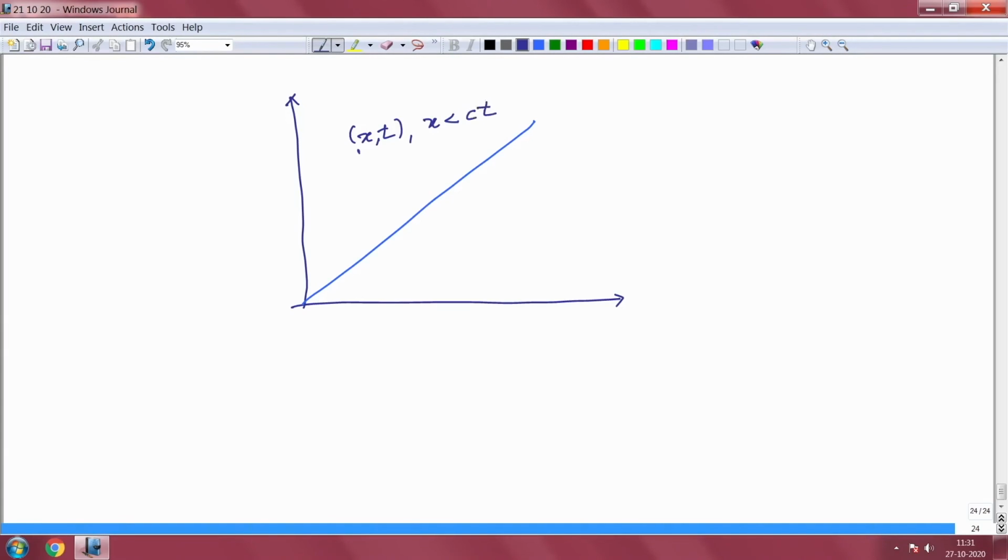Again, if I draw the characteristics through this (x, t), one characteristic intersects the boundary.